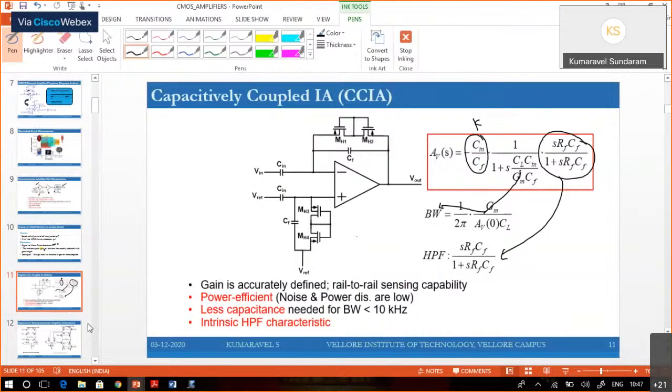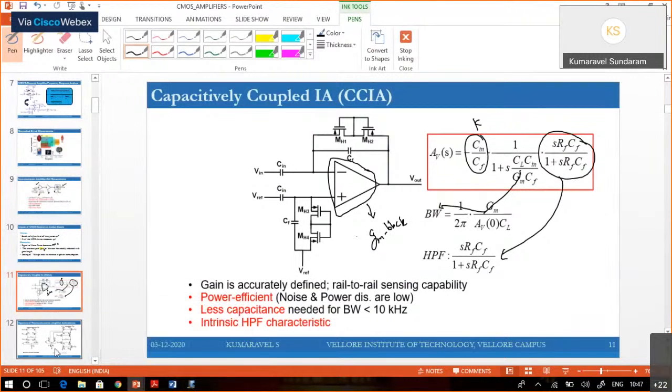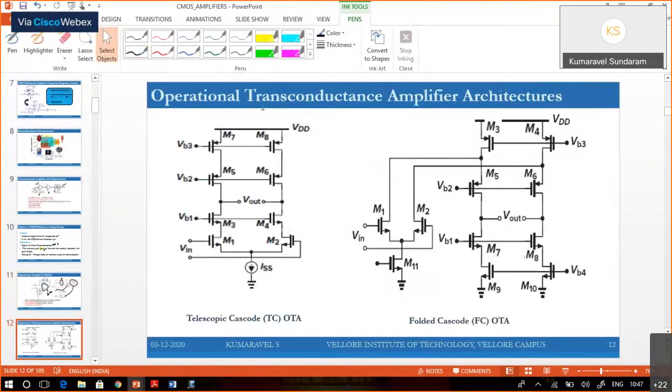Right. So we are going to design now. My topic of today's discussion will be this one. We call it the gm block. How can we design it? There are so many topologies: telescopic cascode, folded cascode.